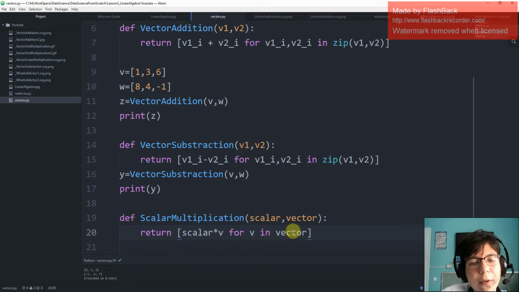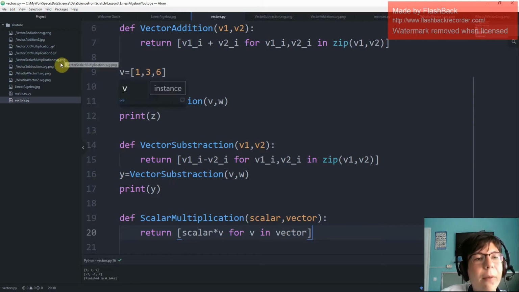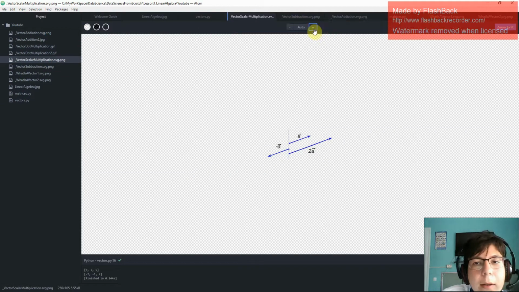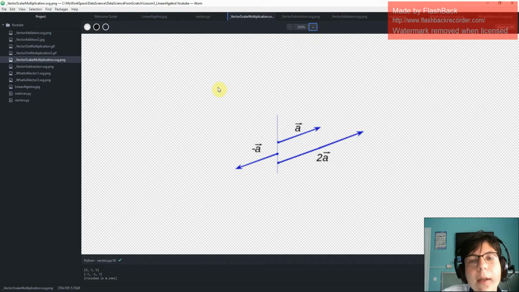Now, of course, scalar multiplication has a geometrical interpretation too. So let's just go here. Let's make the image larger. So this image illustrates the scalar multiplication. Here is our original vector a. By multiplying it with 2, we obtain a similar vector having the same direction, but being twice as large.